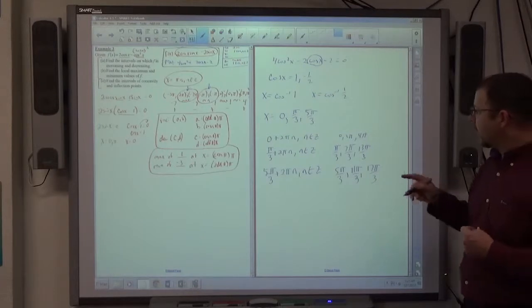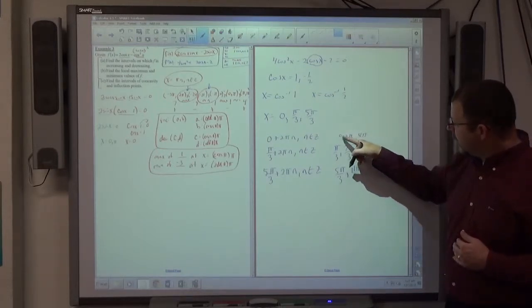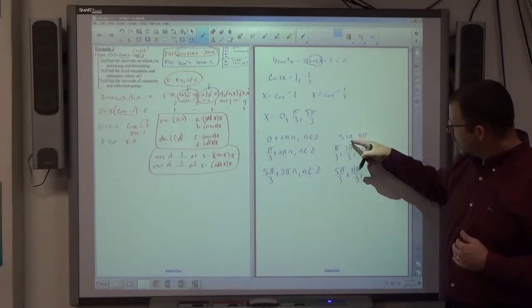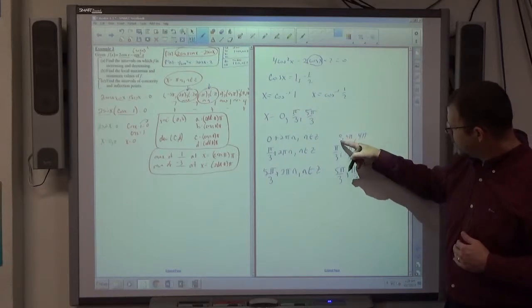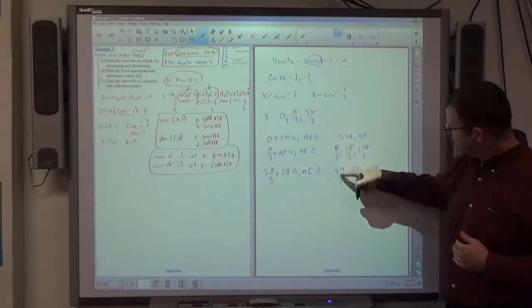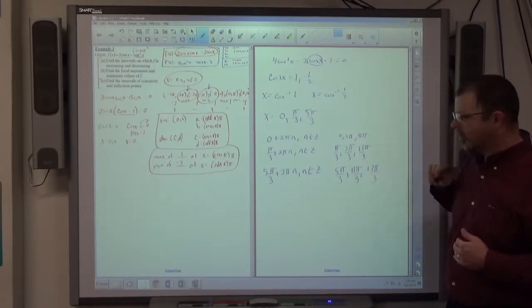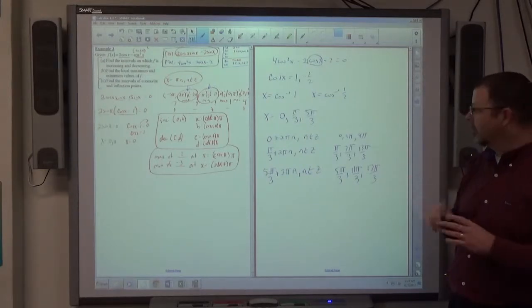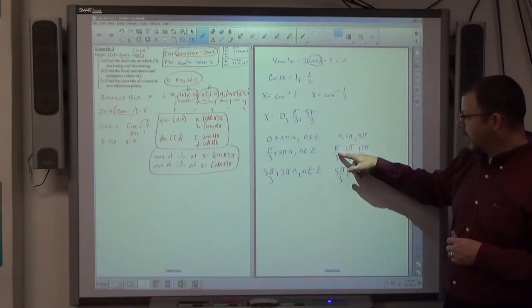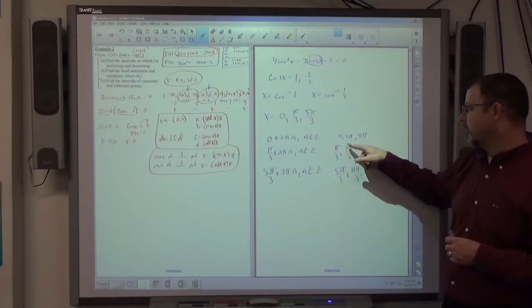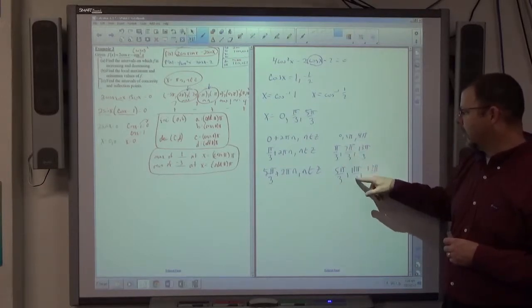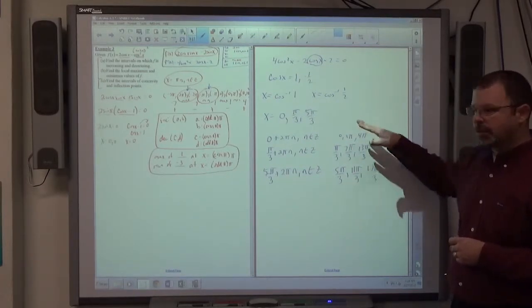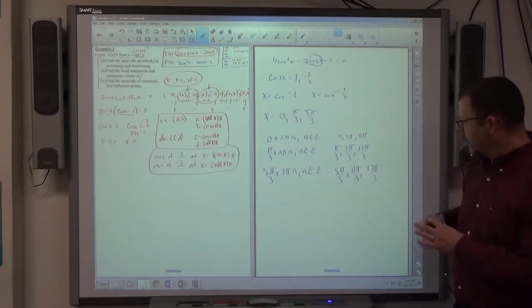All right. Looking at the size of these numbers, that's the order of numbers as far as size is concerned. Pi over 3 is less than 2 pi, which is less than 7 pi over 3, less than 11 pi over 3. So that's how the numbers grow in size.